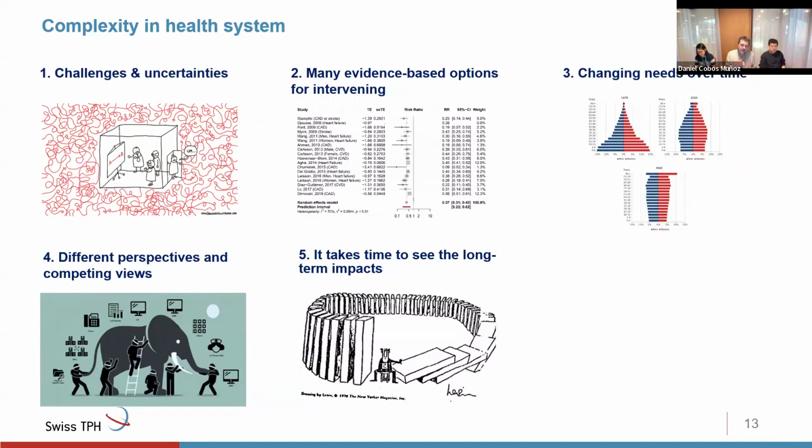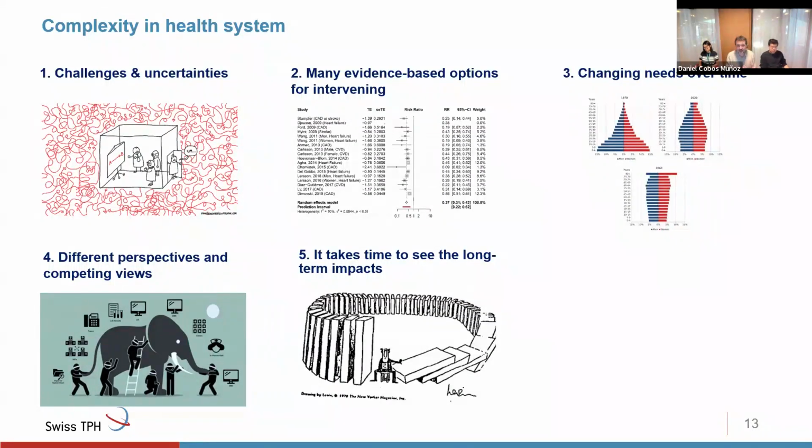And again, human beings are not very good at projecting impact, at projecting effect. So with system dynamics modeling, we are allowed to project this impact for the next 10 years, for the next 20 years, for the next 40 years, which is very useful when you are discussing with a policymaker.